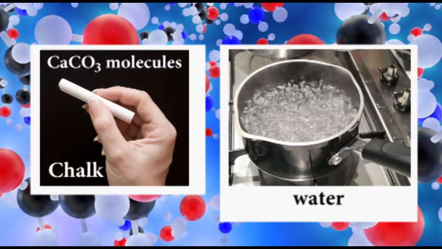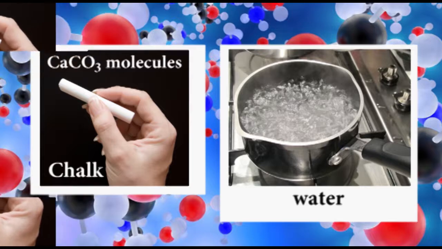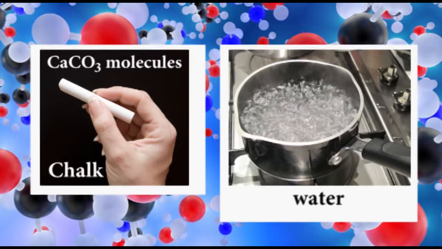And so it requires a lot of energy to break them down. And so chemical bonding is what makes a substance exist in a solid form. It is what makes a substance exist in a liquid form. It is also what makes a substance exist in a gaseous form.